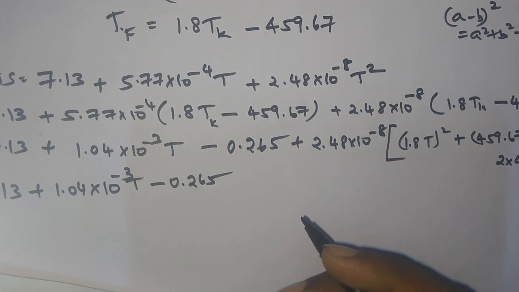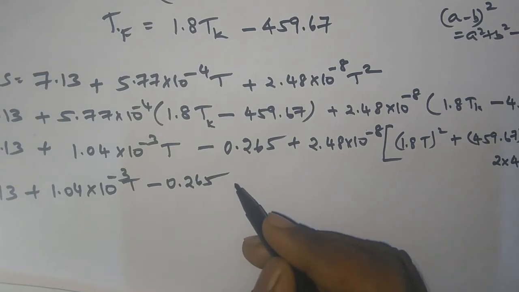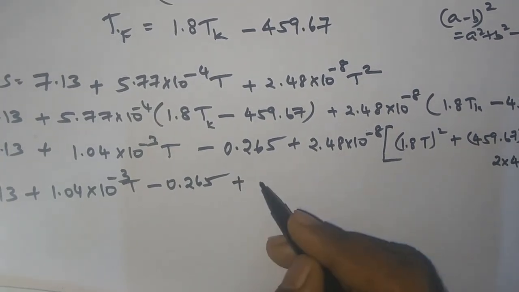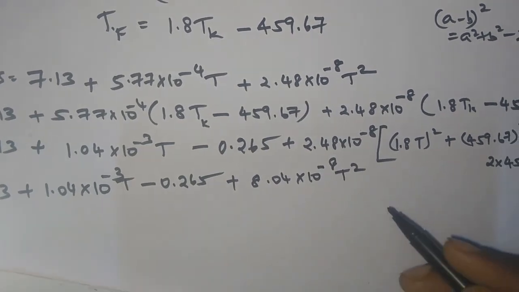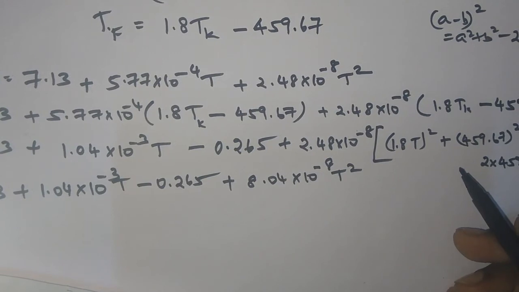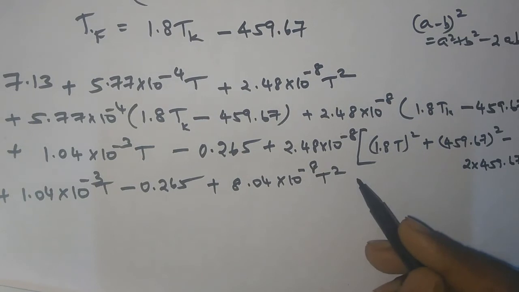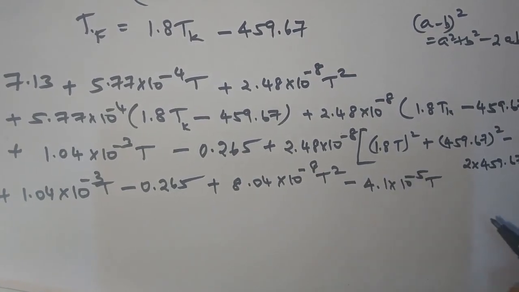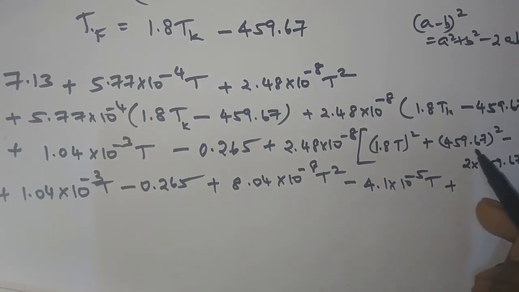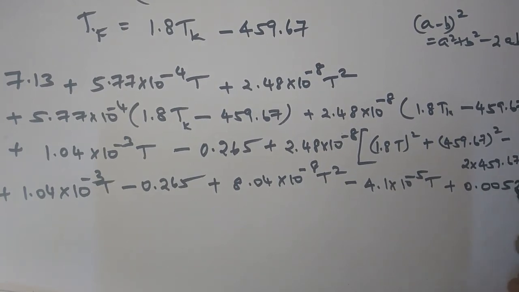So how much we get is 8.04 into 10 power minus 8 t square, and this multiplied by this, we get minus 4.1 into 10 power minus 5 t, and this plus term is 459 square into 2.48 into 10 power minus 8, which is 0.00524.